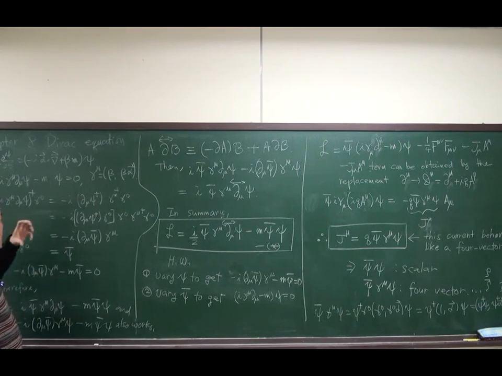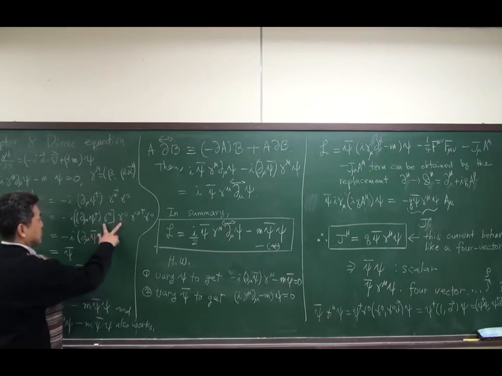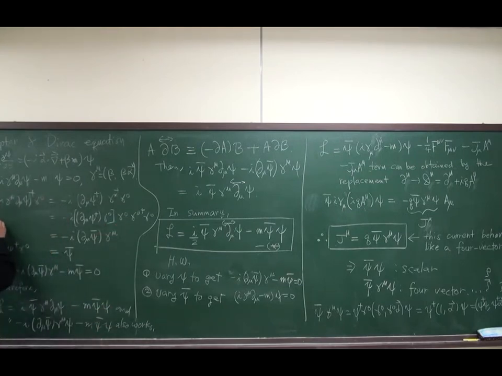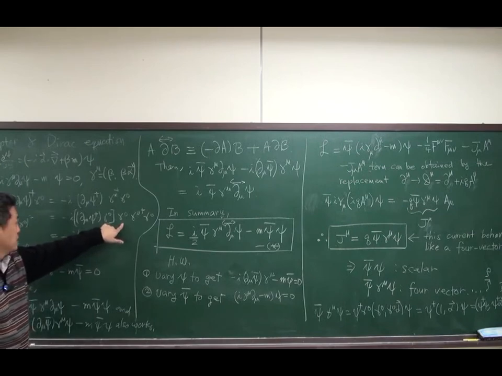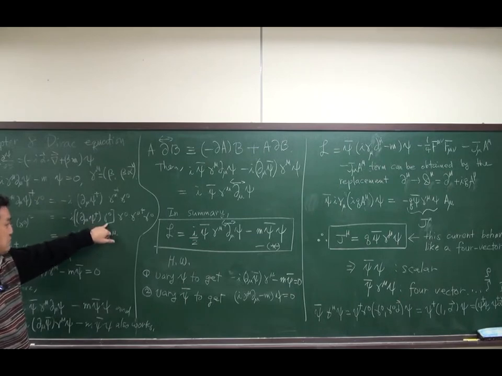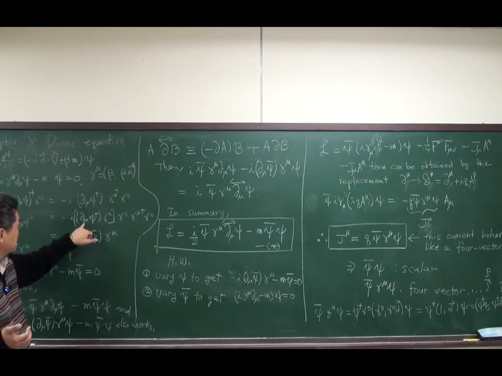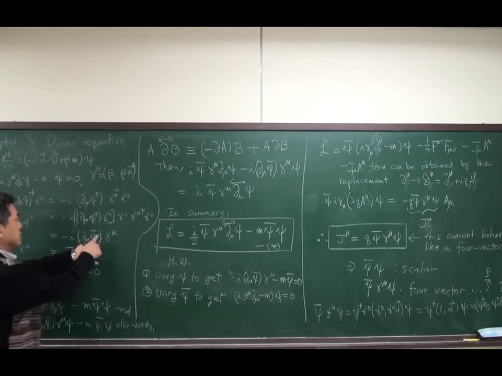However, psi bar is psi dagger gamma 0, right? And let me multiply beta squared, that is 1, and actually that is gamma 0 squared. Insert gamma 0. Then gamma 0 combines with this one. You know, gamma 0 is constant, so it does not matter whether it is taken derivative or not, right? So this guy is the same as this one.